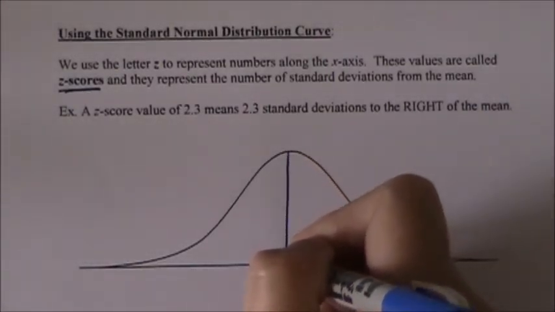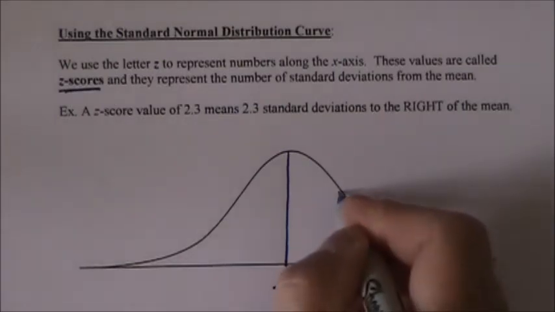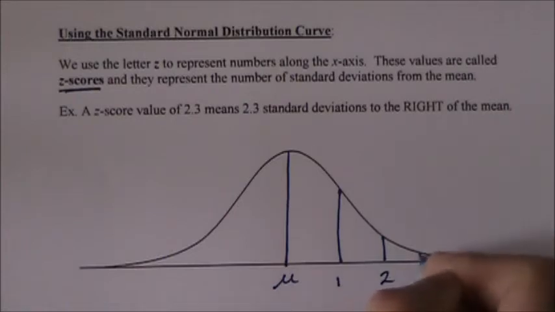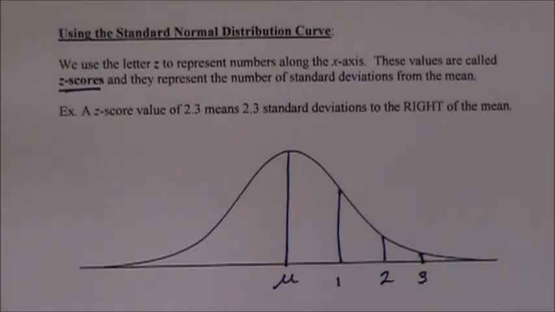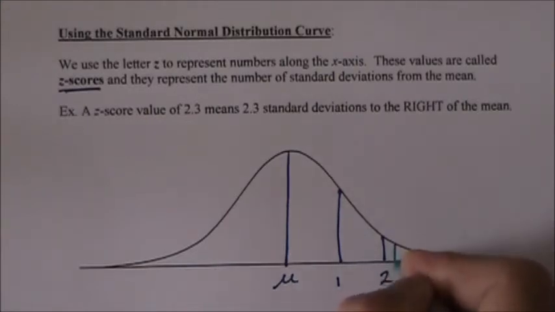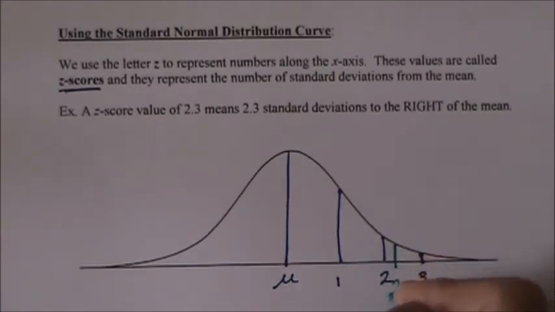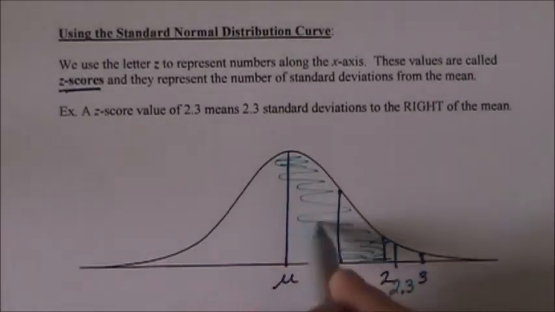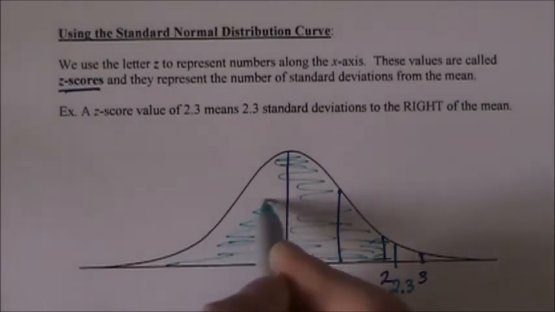So here's our mean. Here's our 1 standard deviation, our 2 standard deviations, our 3 standard deviations. And so 2.3 would be past 2 on the way to 3. So somewhere around there. So there's our 2.3. And it is located to the right of the mean. The area associated with the z-score of 2.3 is everything to the left of that value.